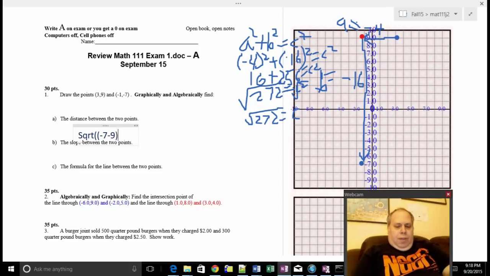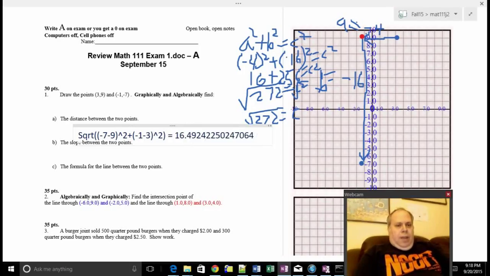Let's put the correct parentheses here. Squared. And then we'll do x2, which is -1 minus 3 squared. Now, and see, I parenthesized everything. You have to be very careful how you parenthesize everything.